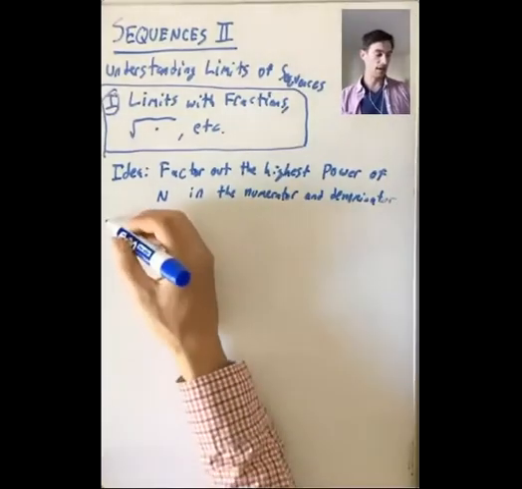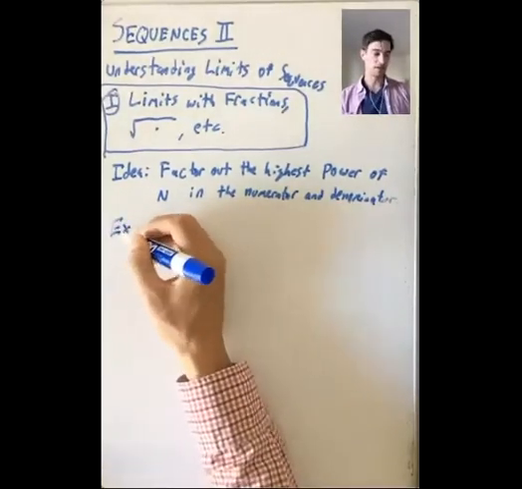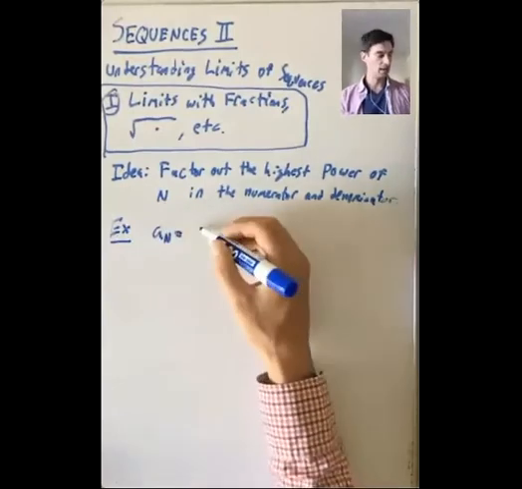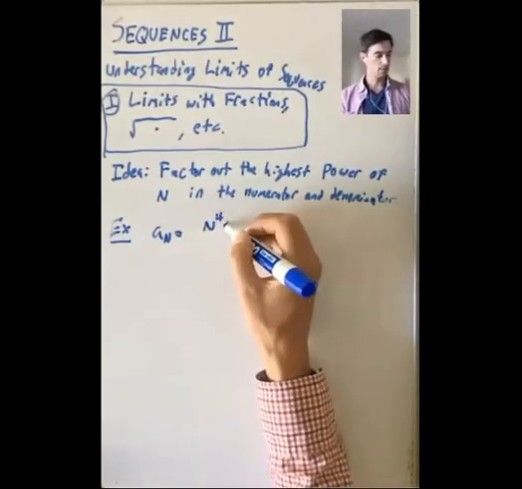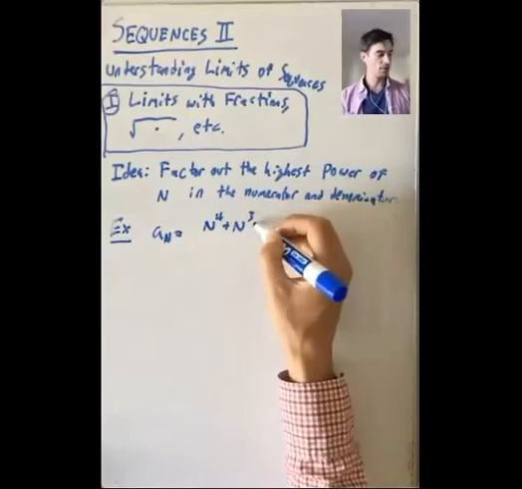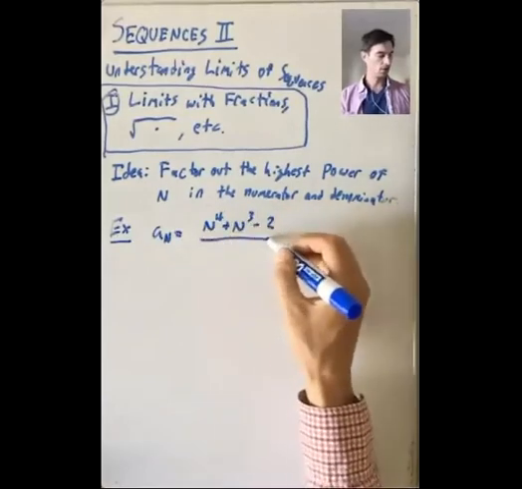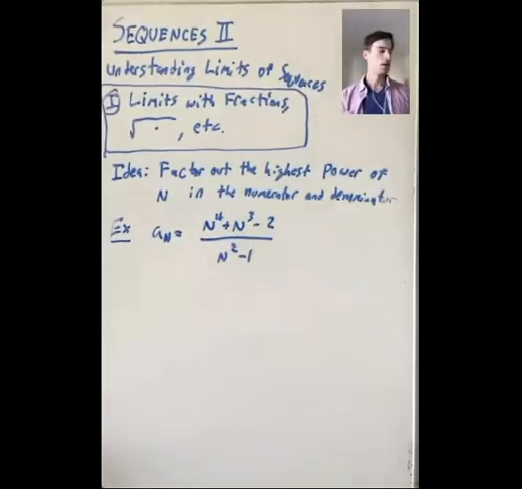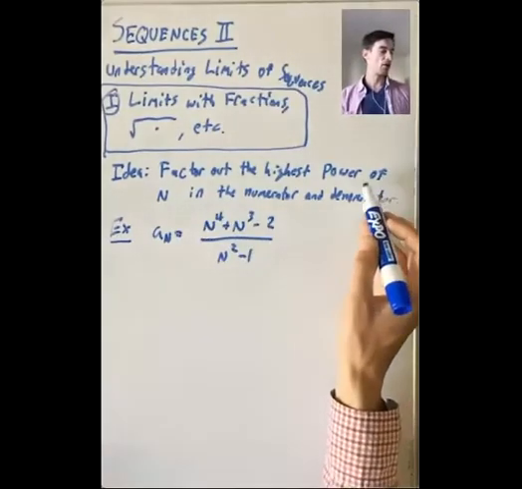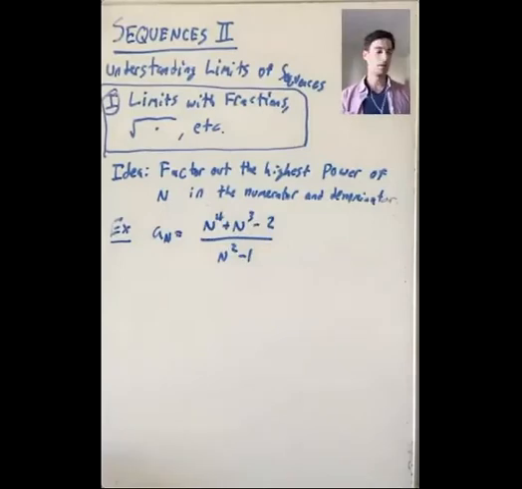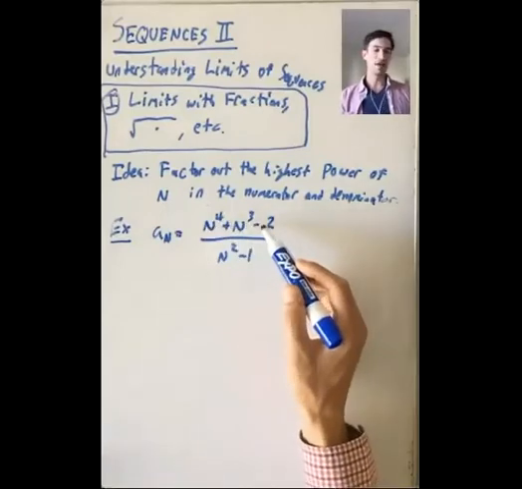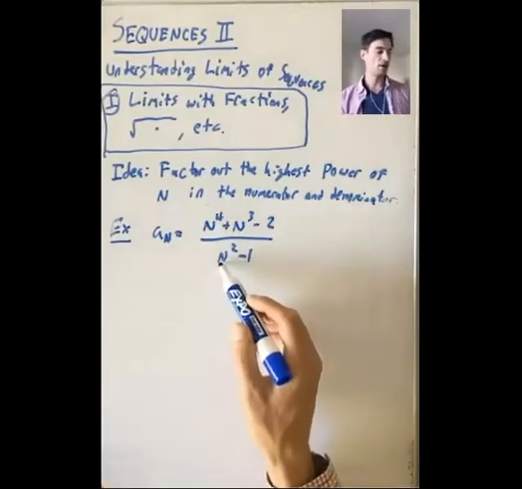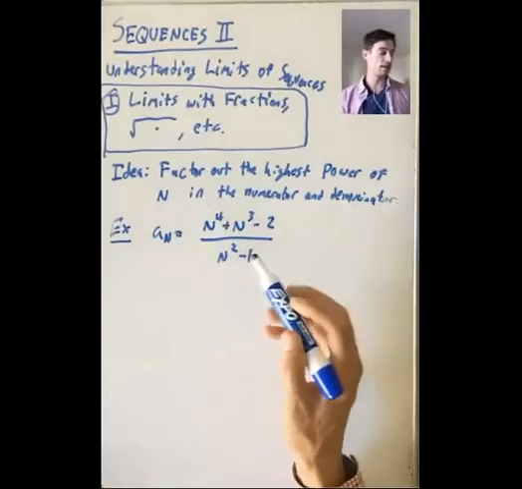So this is the kind of thing that makes most sense if you give an example. So let's say that a_n is (n^4 + n^3 - 2) over (n^2 - 1). So what do I mean, factor out the highest power of n in the numerator and denominator? The highest power of n that occurs in the numerator is this n^4. And the highest power of n that occurs in the denominator is n^2.